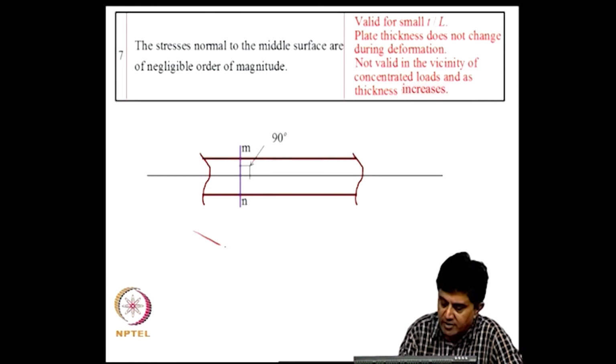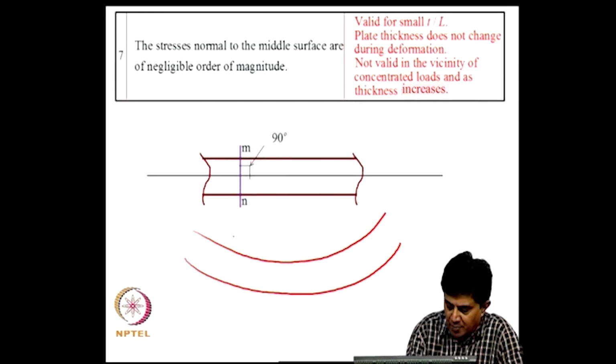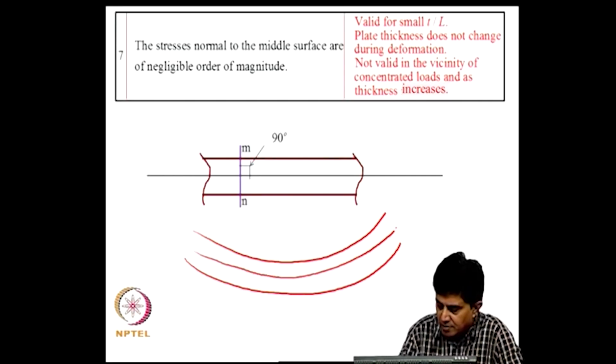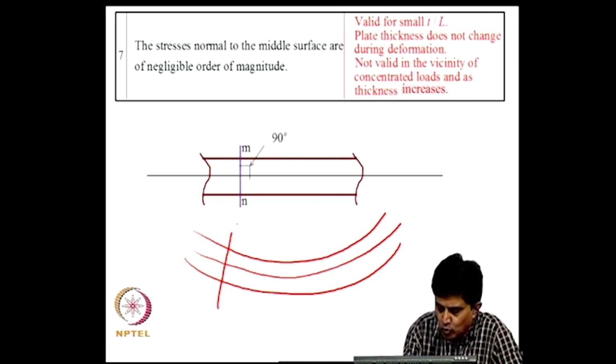Now, after deformation, we can sketch this. This is the middle surface. According to our assumption, m bar n bar is where mn goes in the deformed geometry, and this angle remains 90 degrees.